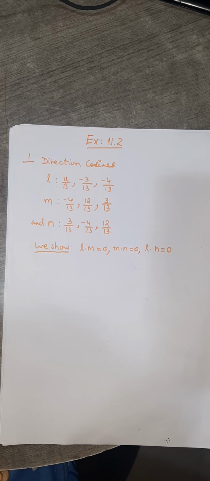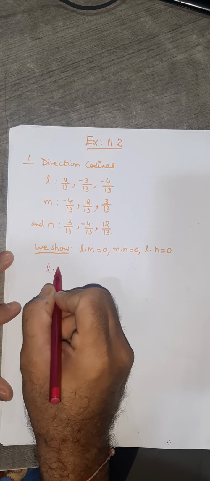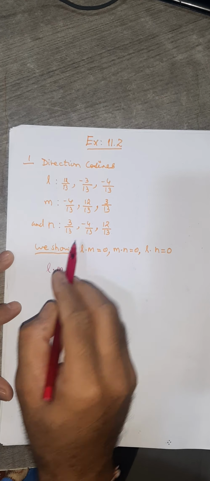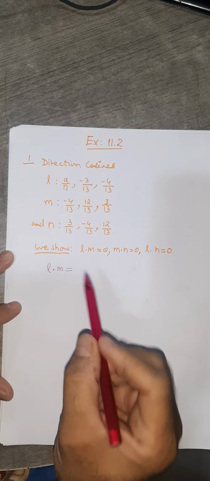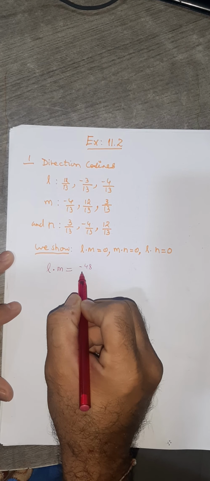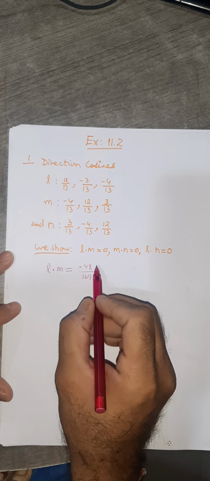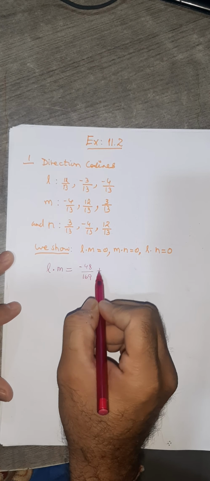So you know the definition of dot product very well. So I'll do L dot M. So what is that? This into this, which is minus 48 by 169. This into this, actually you have plus between these two.